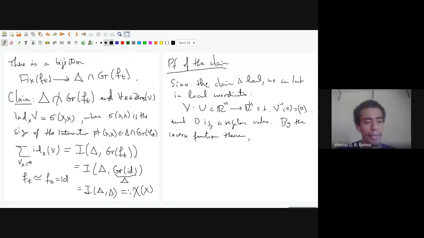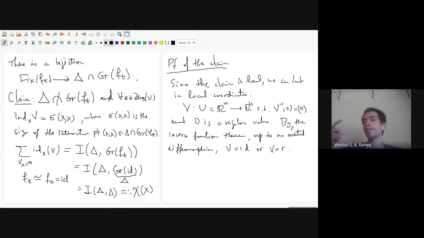So up to an oriented diffeomorphism, V is either the identity or it's the reflection. Using the inverse function theorem, you can always get the identity, but then it's not necessarily oriented. So if it has the wrong orientation, you have to compose it with the reflection, and then you have the right orientation.